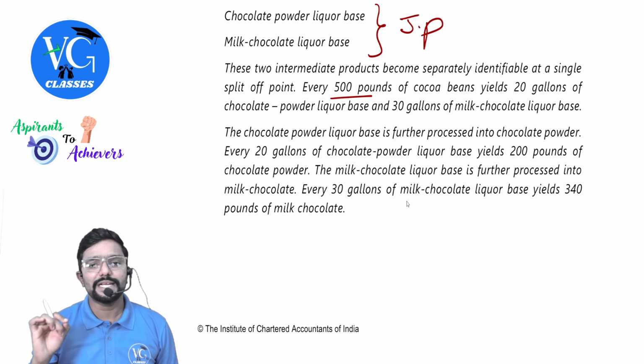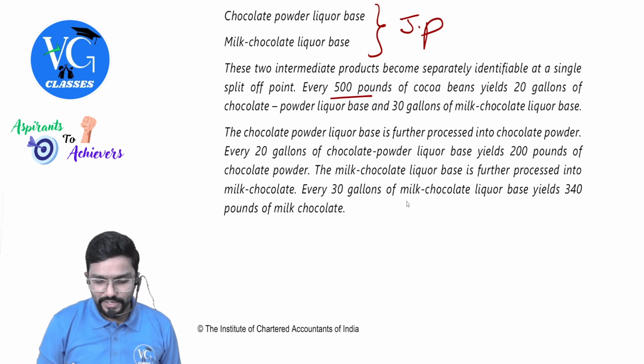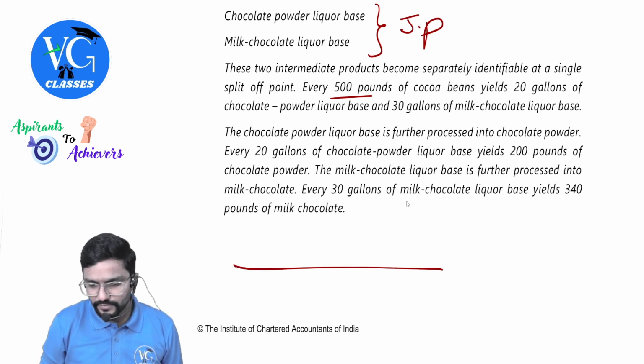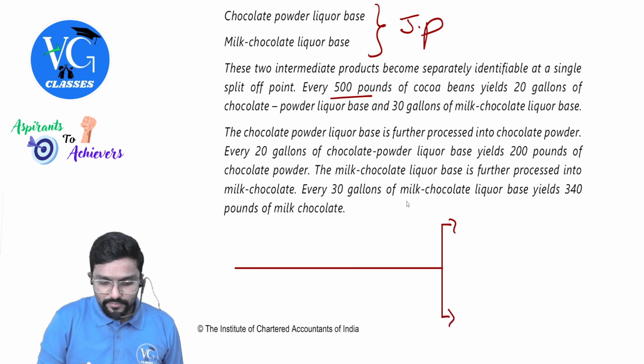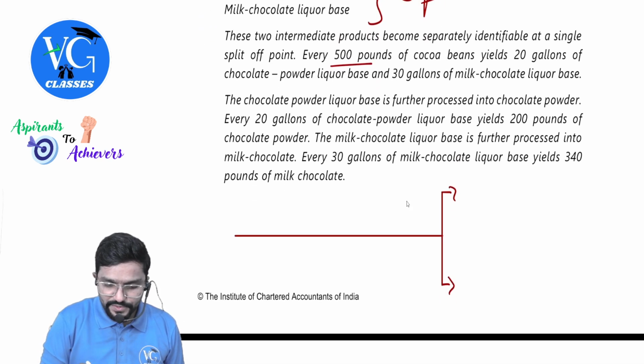The chocolate powder liquor base is further processed into chocolate powder. Let me write like this, better. At the end of the joint process, what are we using? Cocoa beans.